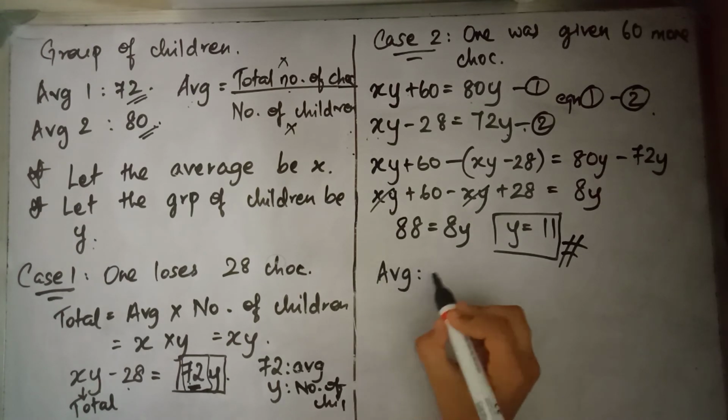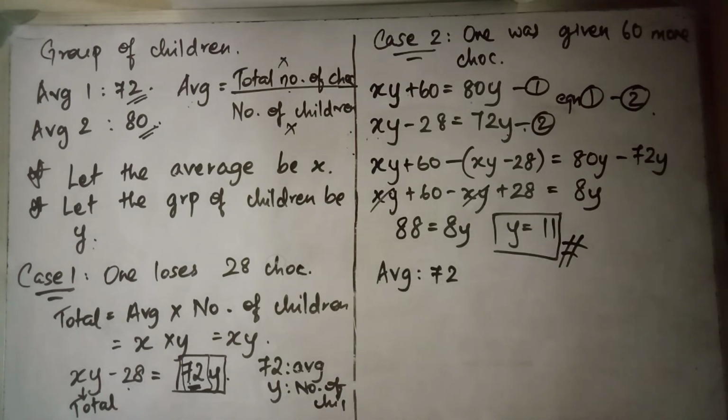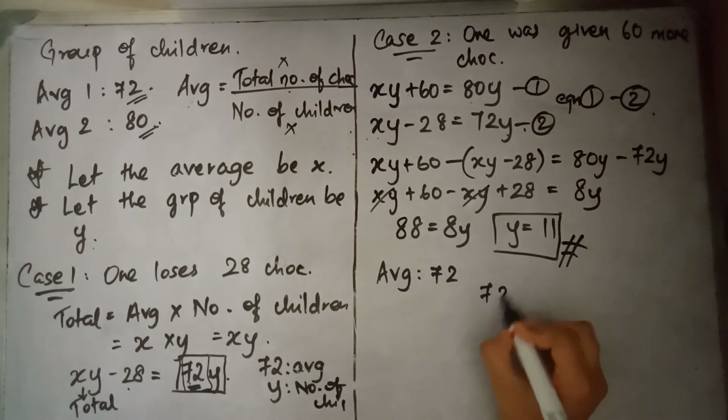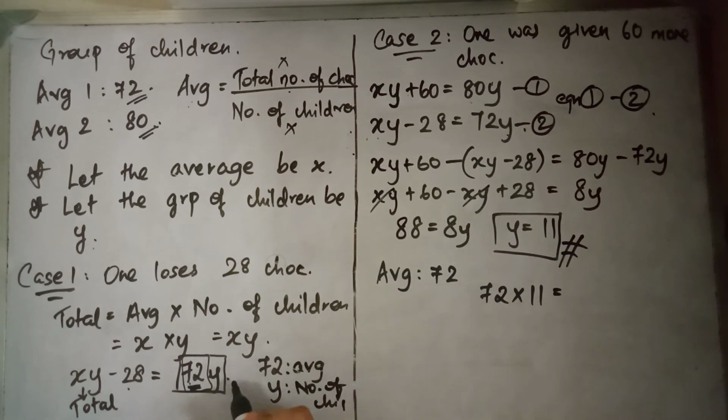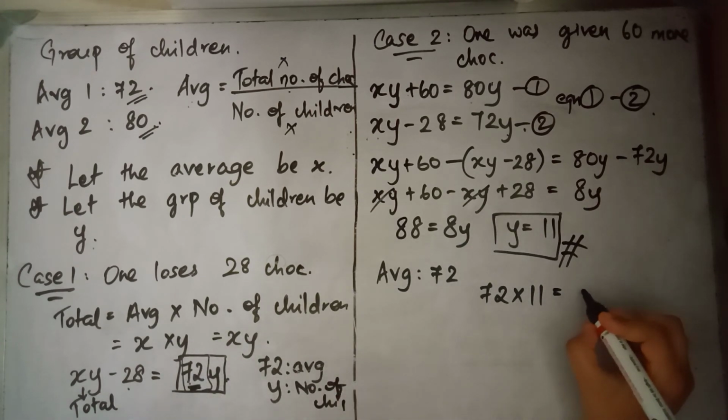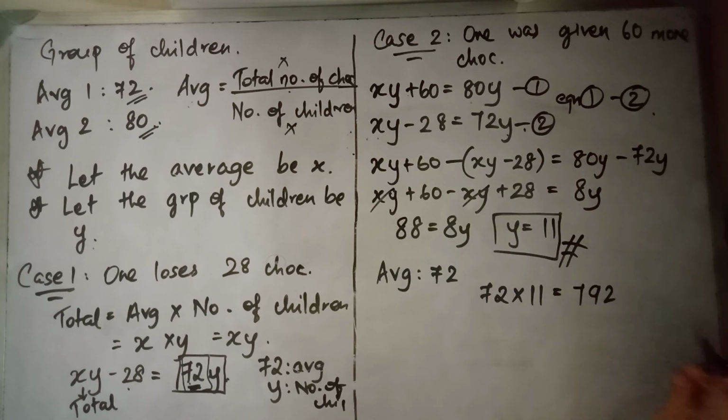Average is 72. The number of children is y. So we have 72 into 11. We are finding 72y, which is this part. 72 into 11 gives us 792.